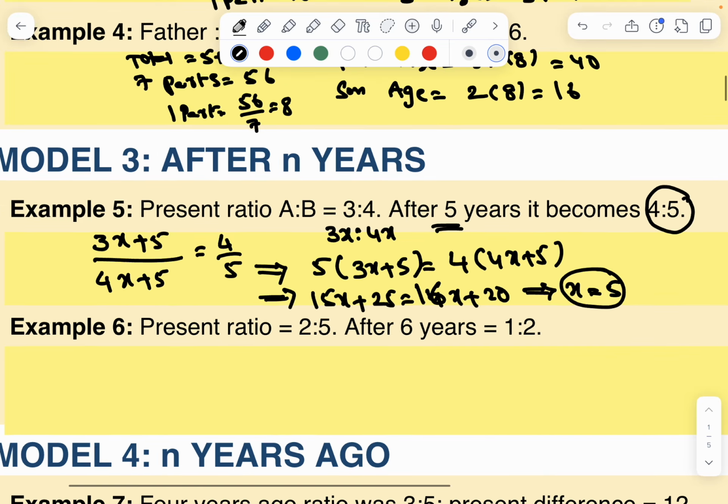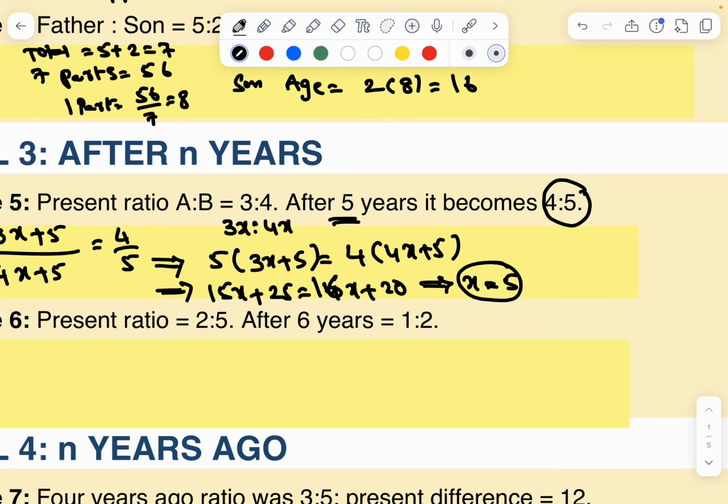Present ratio is 3:4, which means 15:20. Therefore, A is 15, B is 20. This is the present age. In this question, you should check what they are asking: the present age or the age after completion of 5 years.